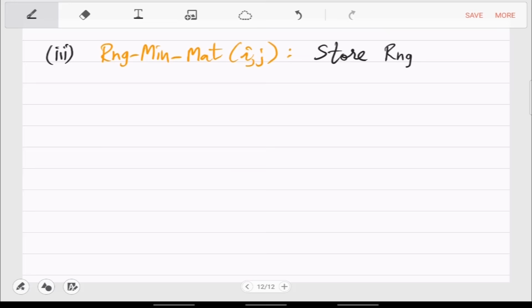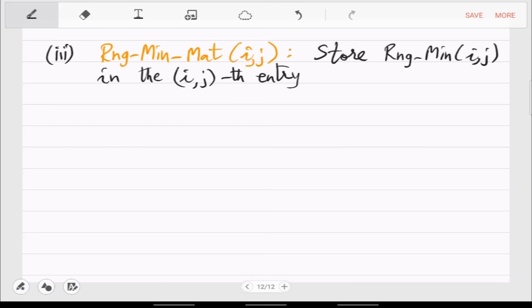So store range min i comma j in the ijth entry of an n cross n matrix M. So if you do this one-time investment, then after that all the queries will be almost free, right?